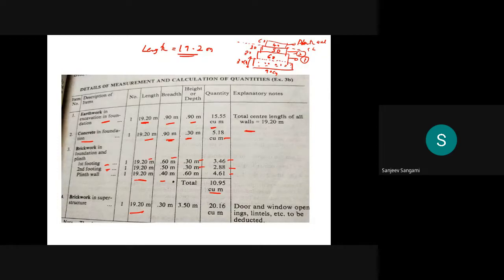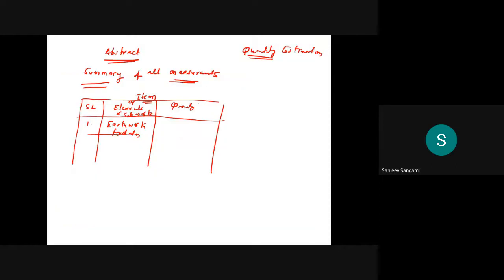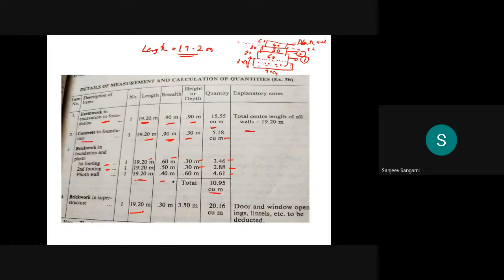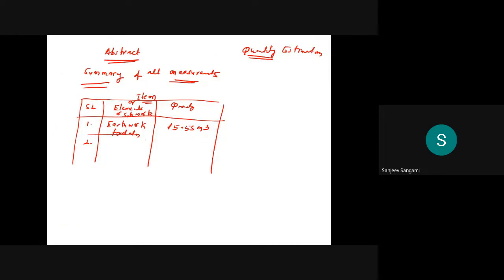We'll note it 15.55 meter cube. Then directly second element is the concrete in foundation. That is 5.18 meter cube.